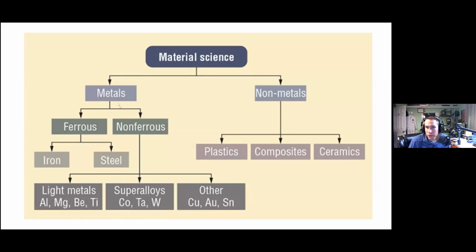Metals are separated into two classifications: ferrous and non-ferrous. Ferrous is anything that contains iron, including steel, and then non-ferrous includes superalloys, light metals like aluminum, magnesium, beryllium, titanium, cobalt, tantalum, and tungsten.